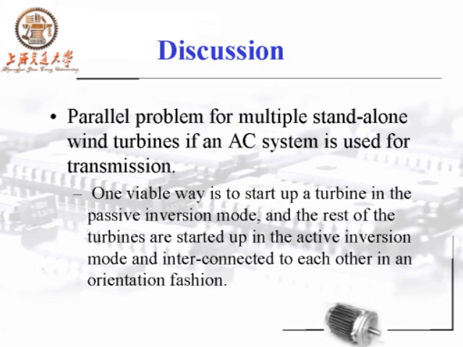And the rest of the turbines are started up in the active inversion mode and interconnected to each other in a master-slave fashion, so as to solve the parallel problem.